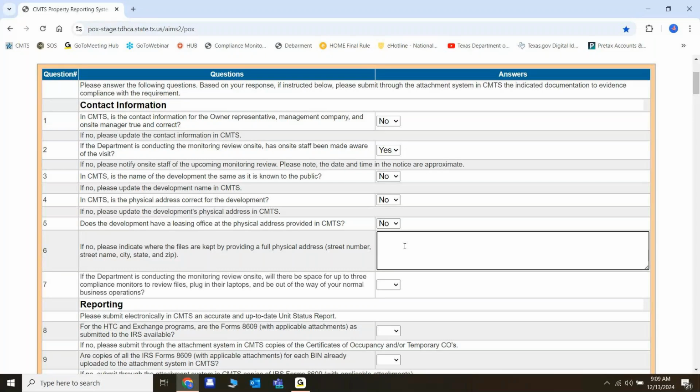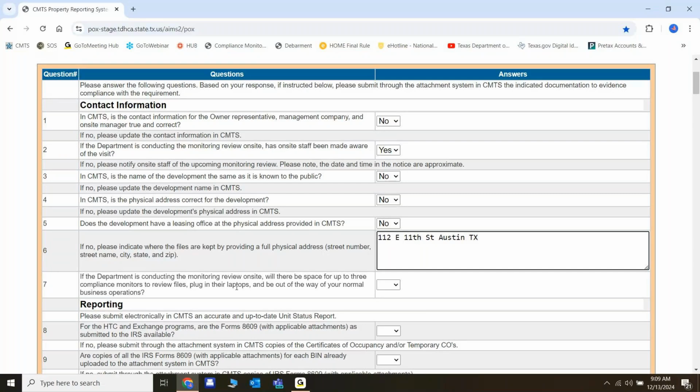So if it's no, you're going to enter in your address where it is. This is a text box, so you should be able to do this. So I know where I'm going to look at those files. And that again is important because now I'm going to adjust my itinerary, adjust my addresses, because I thought I was going to your leasing address when I planned this, but now I'm going to a different address.